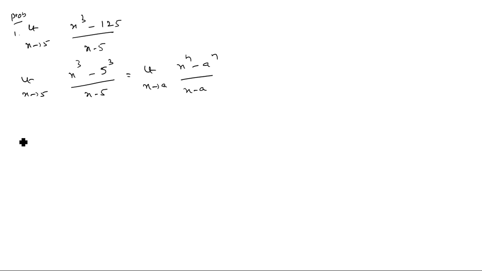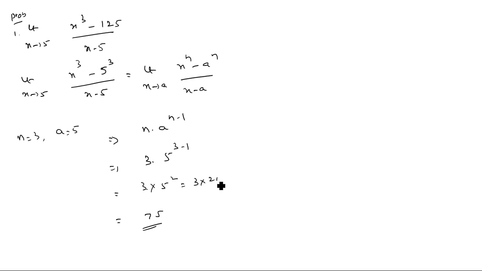So what is the value of n and a? n is equal to 3 and a is equal to 5. The formula is n into a to the power of n minus 1. So we get 3 into 5 to the power of 3 minus 1, that is 3 into 5 square, which is 3 into 25. Therefore the value is equal to 75.